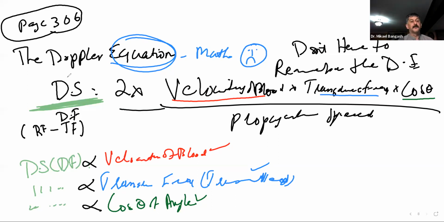A greater Doppler shift. The one factor that we're not going to be discussing here is propagation speed. So you can mainly say, Hakuna Matata to that one.